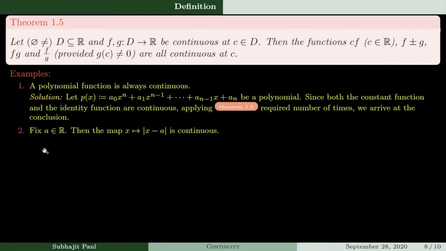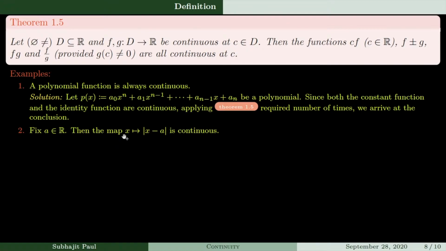Mark it down. a is a fixed real number. The map x going to mod of x minus a is a continuous function. x maps to the distance of the point x from a. Suppose a equals 1, then f(x) equals mod of x minus 1.